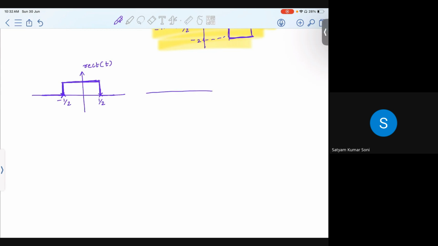I think when you differentiate this rectangular function, if I am correct, you get two impulse functions at minus half and plus half. Plus half is negative in direction. Oh, is it? Okay, I'm confused. Okay, right. So this is your rectangular function.